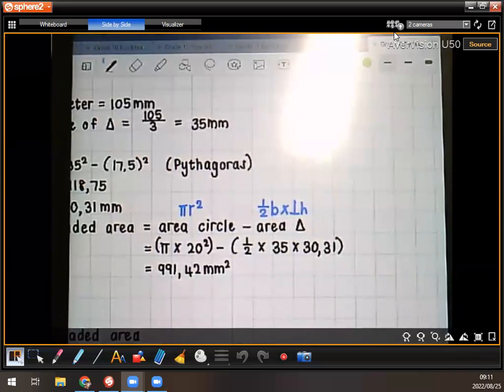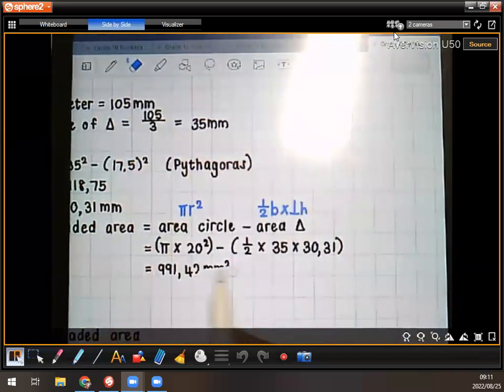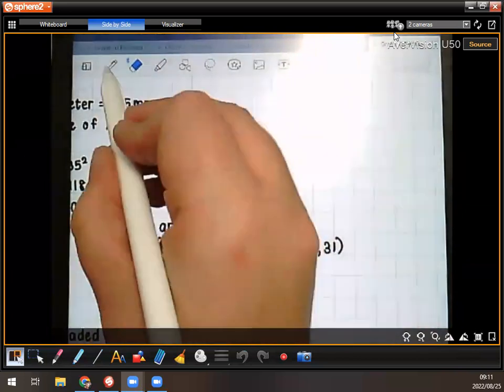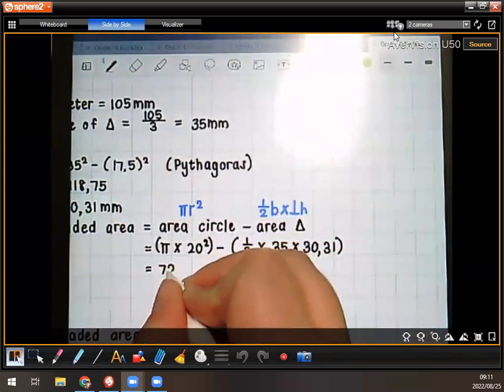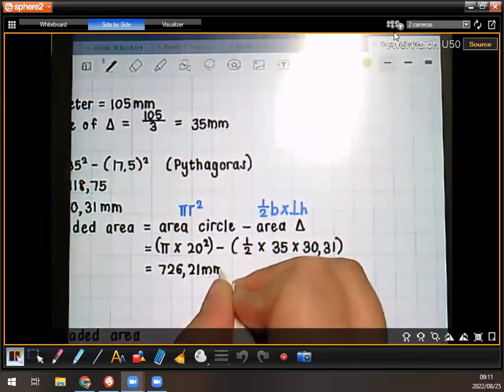Minus. The final answer is then 726,21 millimeters squared.